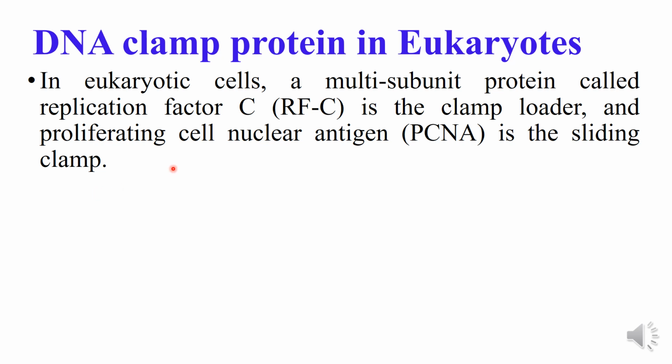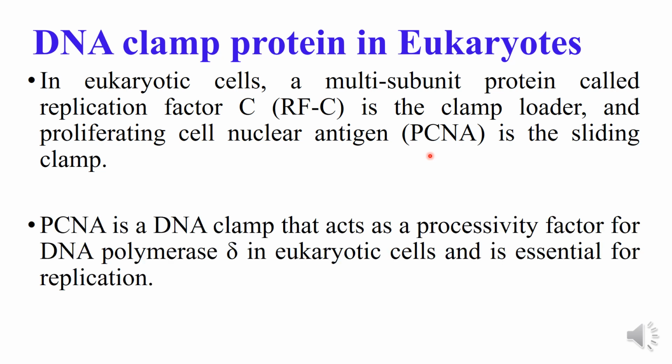So the clamp loader is replication factor C and the clamp is proliferating cell nuclear antigen for eukaryotes. PCNA is a DNA clamp that acts as a processivity factor for DNA polymerase delta in eukaryotic cells, and it is essential for replication. If you remember, the DNA clamp in prokaryotes is the beta homodimeric clamp.